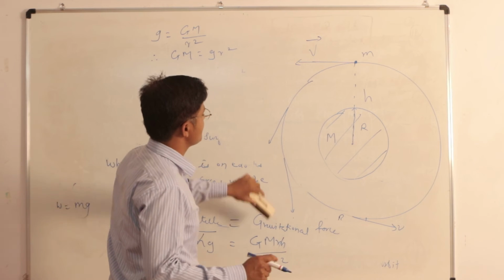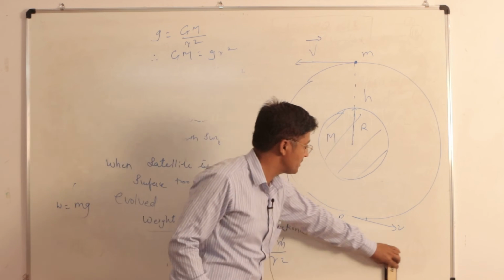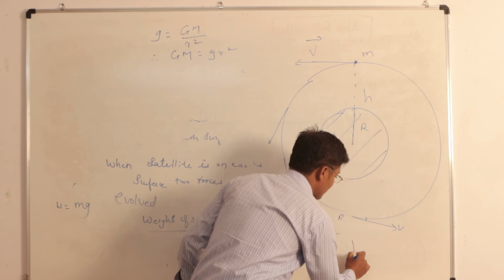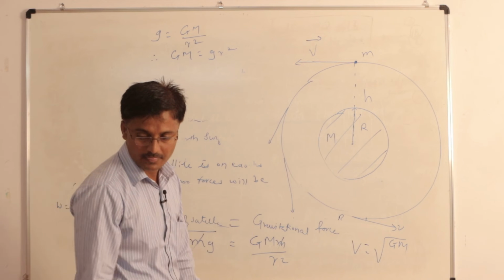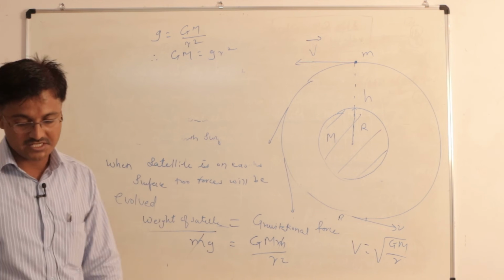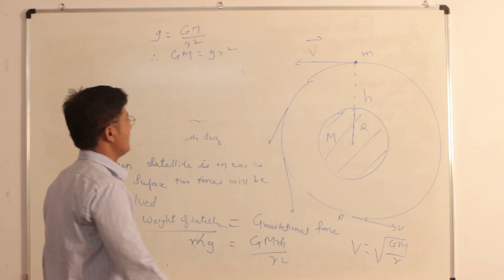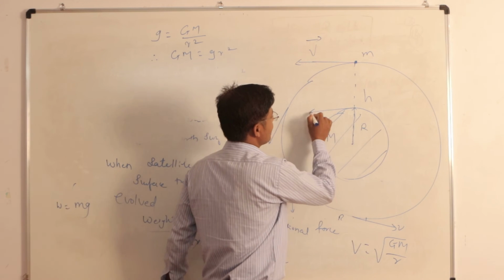Now question comes in mind, what will be the velocity on Earth surface? आपण velocity orbit मध्ये कॅल्क्युलेट केली. किती आली आपली? अंडर रूट GM अपॉन r. सॅटेलाइट एका ऑर्बिट मध्ये असेल तर त्याची वेलॉसिटी आपल्याला ही आली. मग जर सॅटेलाइट अर्थच्या सरफेस वरती आला तर त्याची वेलॉसिटी किती असेल?